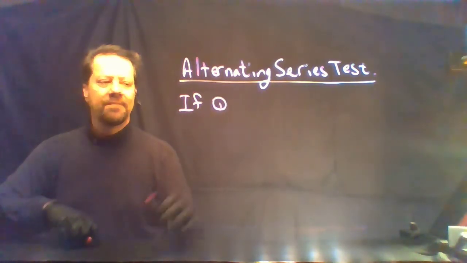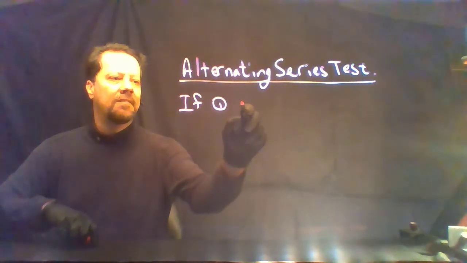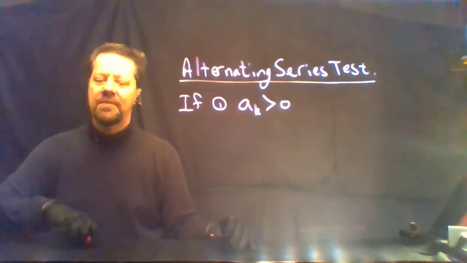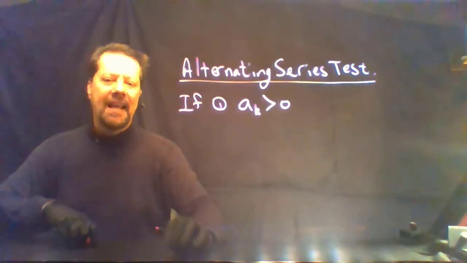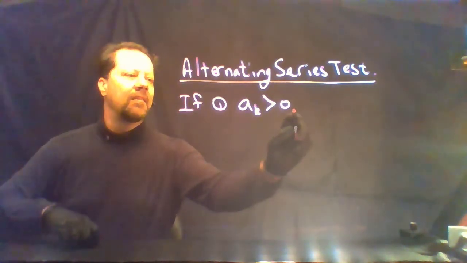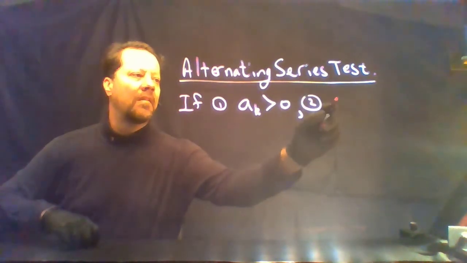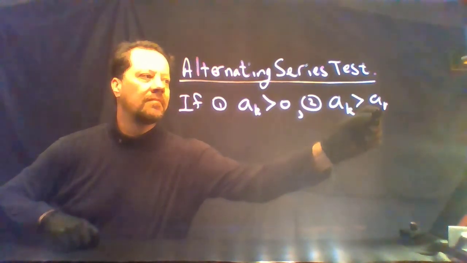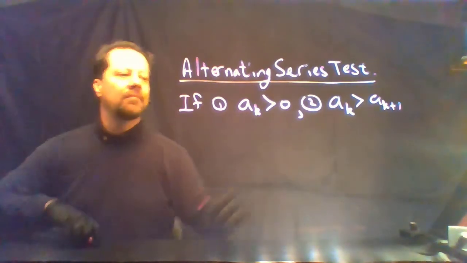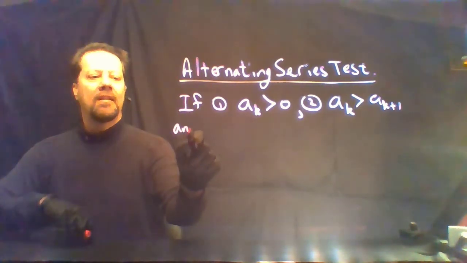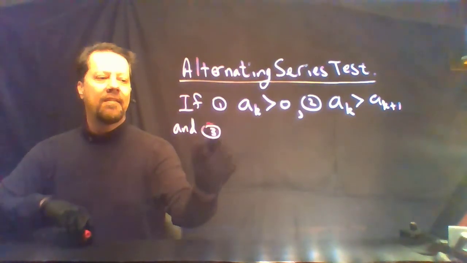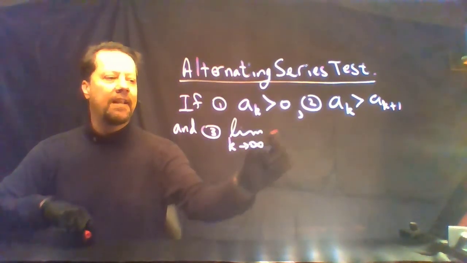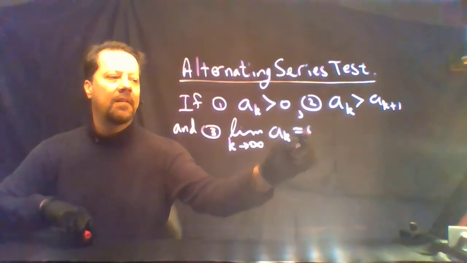Suppose, first of all, that we have a sequence of positive terms a sub k that gets smaller, and in such a way that in the limit as k goes to infinity, a sub k gets 0.